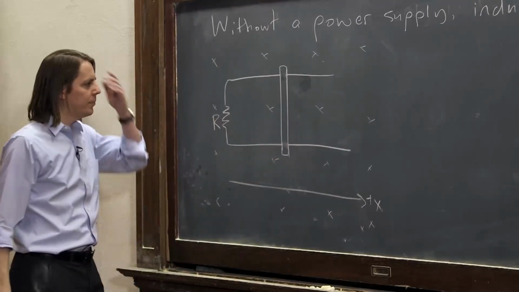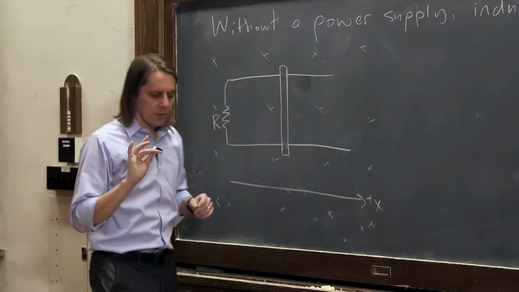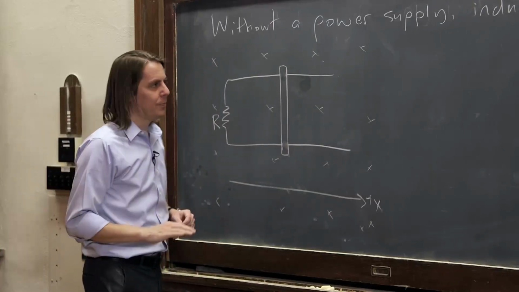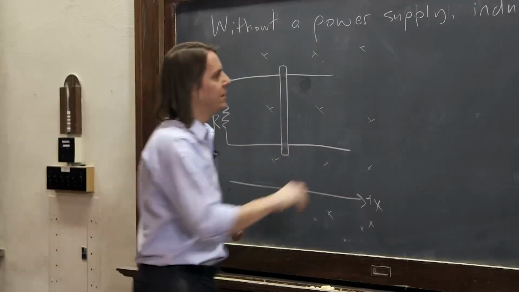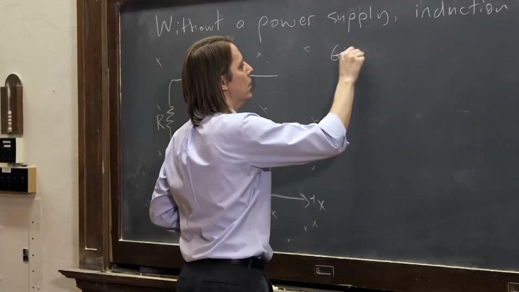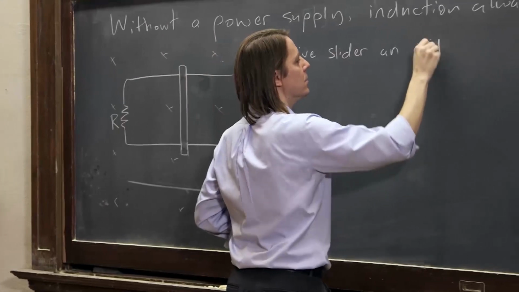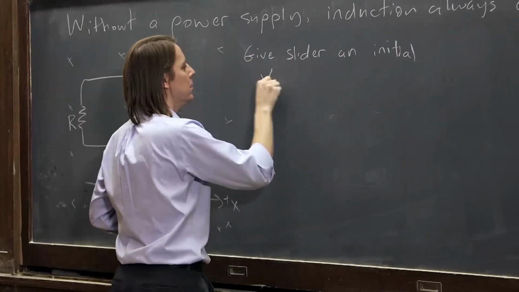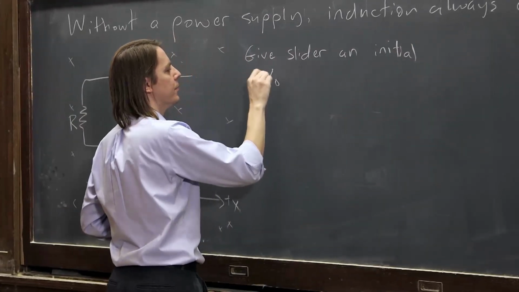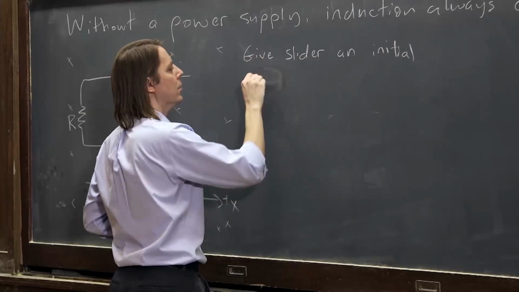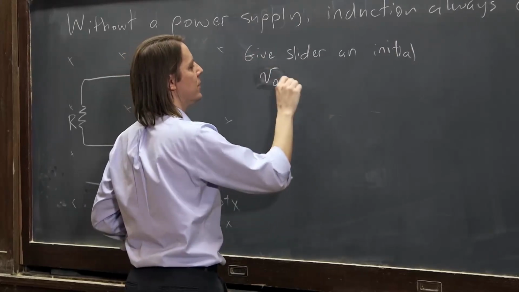Some resistance R. So now we're going to do a kinematics problem. We're going to give the slider an initial velocity v naught, and see what happens.